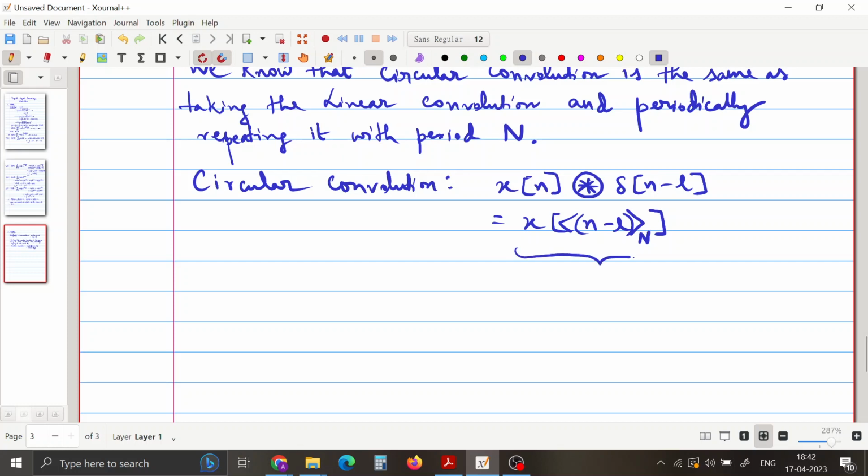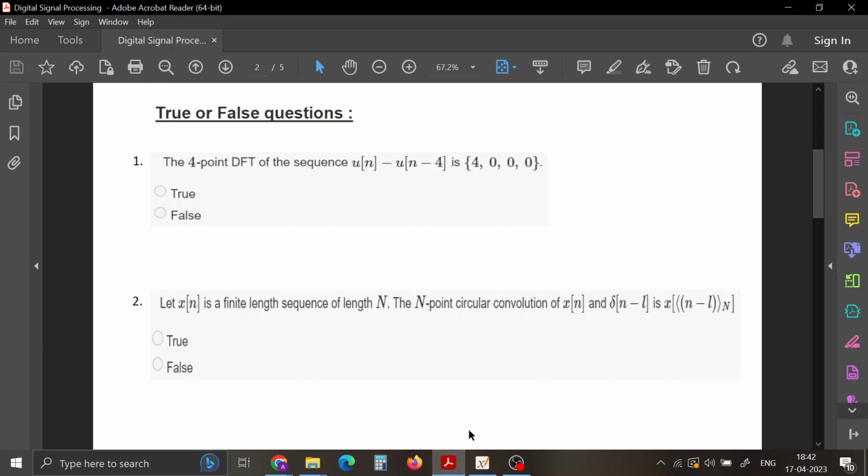This thing here is the periodic repetition of the linear convolution. So this is indeed true.